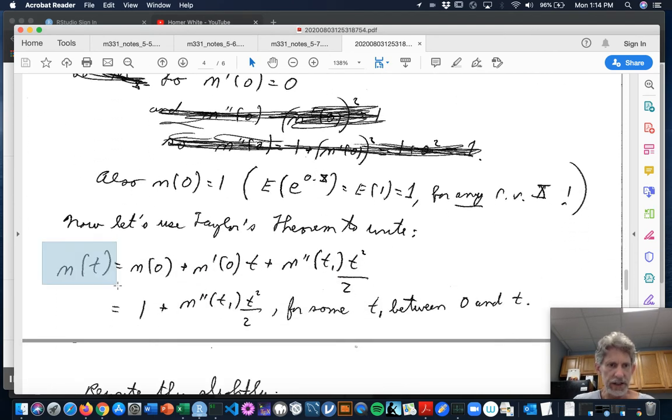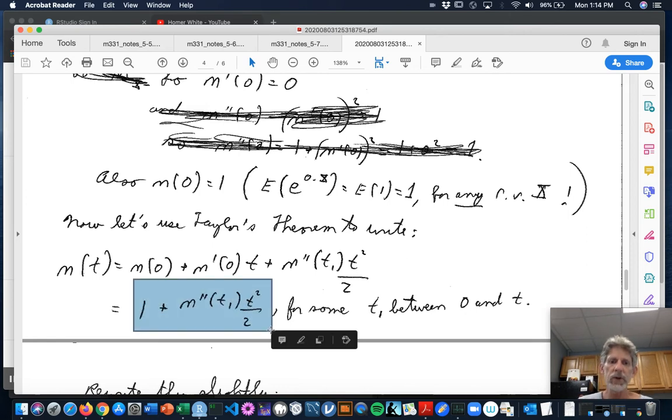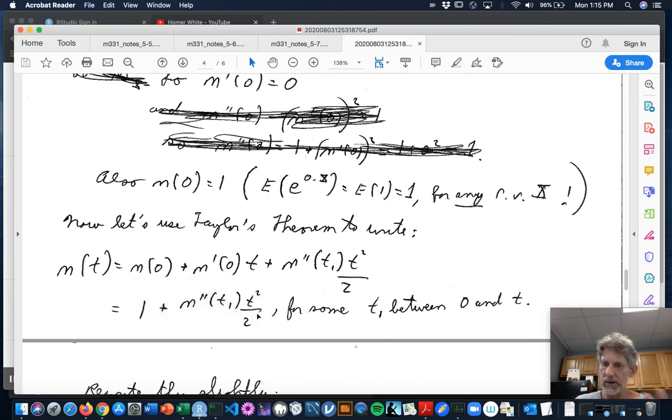You can say there has to be some number, I'll call it t1, between 0 and t, such that m of t is m of 0 plus m prime of 0 times t plus m double prime at t1 times t squared over 2. So for every t, you can get a t1 that does that. Now m of 0 is 1 and m prime of 0 is 0, so you really only have 1 plus m double prime at t1 times t squared over 2. That's what m of t is.